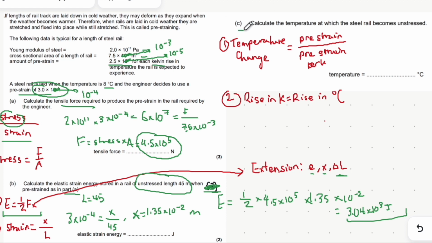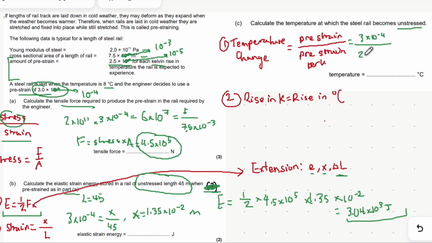Okay. Now part C, which most students struggle with in this question: calculate the temperature at which the steel becomes unstressed. So earlier on in the question, it says here that the amount of strain is 2.5 times 10 to the minus 5 for each Kelvin rise in temperature. And it's also giving you a value of strain, 3 times 10 to the minus 4. So if we take the actual value of strain and we divide it by how much strain causes a rise in 1 Kelvin in temperature, which is giving you the value of here.